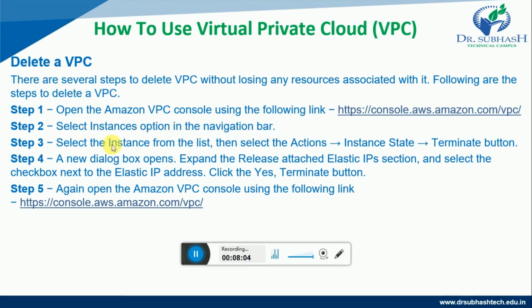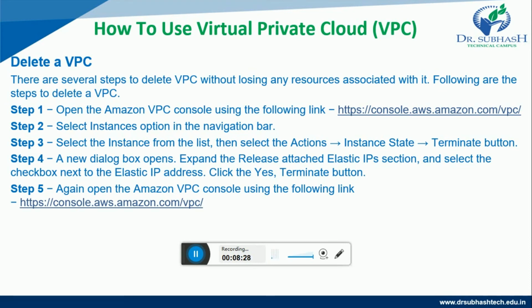In step 3, select the instance from the list, then select actions, instance state and terminate. Then in step 4, a new dialog box will open; expand the release attached elastic IP section, and select the checkbox next to the elastic IP address and click the yes, terminate button.